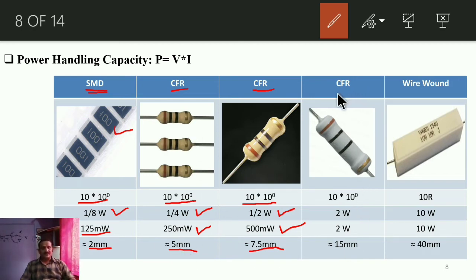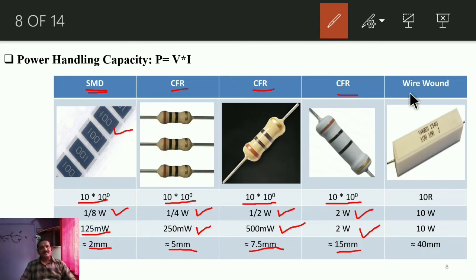Similarly the fourth one, CFR, having again the same color band, brown, black. That's why the resistance will be the same, that is 10 ohm. But you can point out it is 2 watt. That means power handling capacity is 2 watt, and that's why its size also increases to approximately 15 mm.